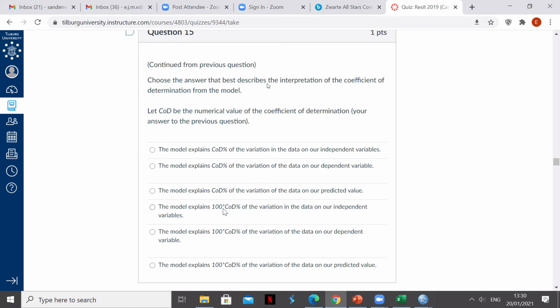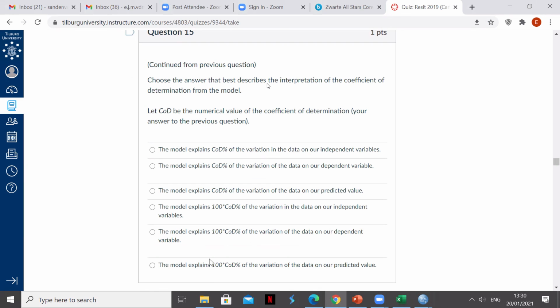And here it's 100 times COD percent and so on. So where it differs is the 100 times COD, and whether it's about the predicted value, dependent variable, or independent variables. Which is correct? Is the COD percentage correct, or the 100?